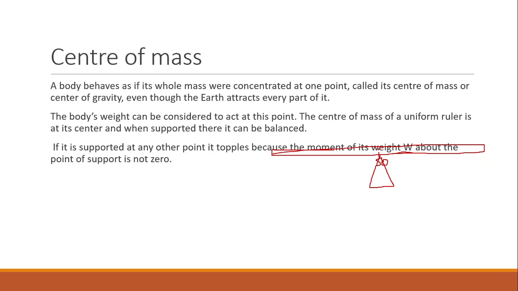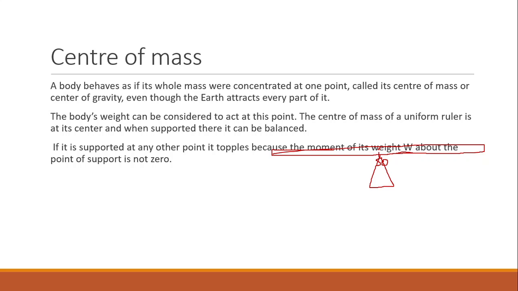So the body's weight can be considered to act at that point, but if you don't balance it at that point and you balance it at some other point, then the ruler topples over, or moves, or there's a rotatory effect.